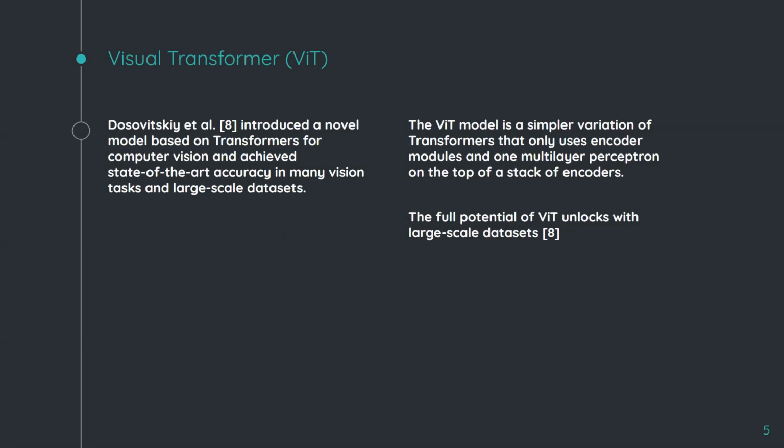After introduction of a novel model based on transformer for computer vision and achieving state-of-the-art accuracy in many vision tasks and larger scale datasets, many researchers tend to work on this model to find the capability of transformers and self-attention mechanisms in computer vision tasks.